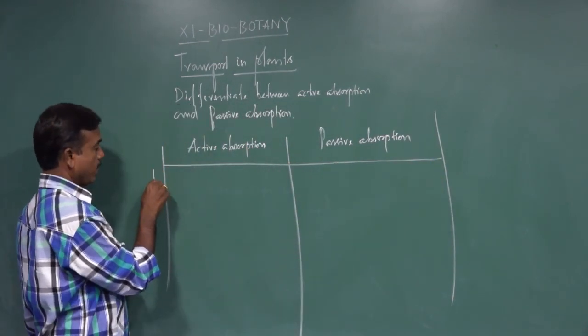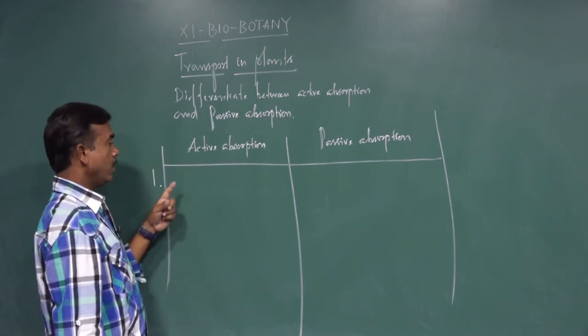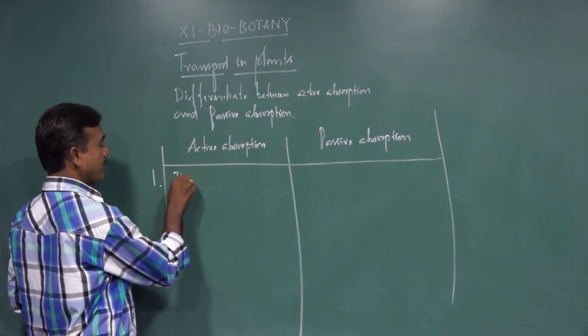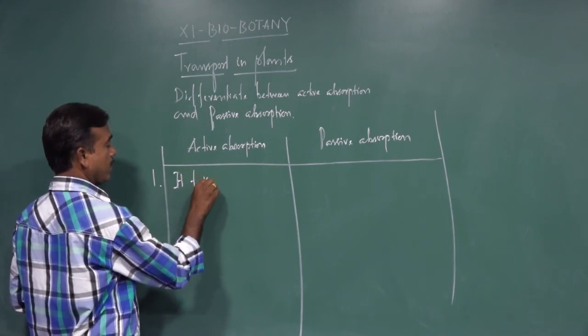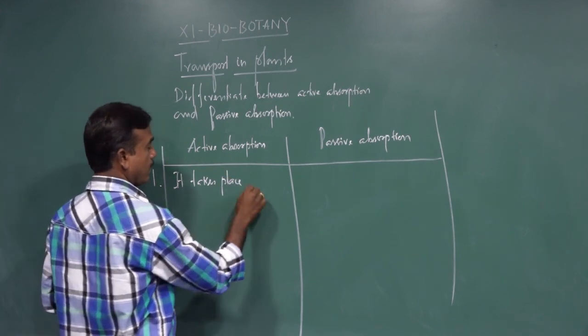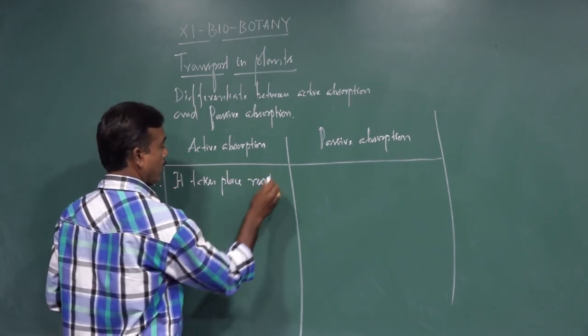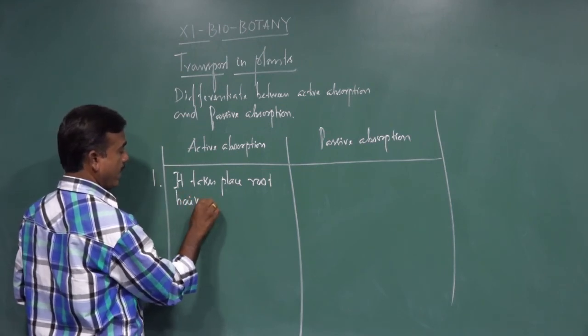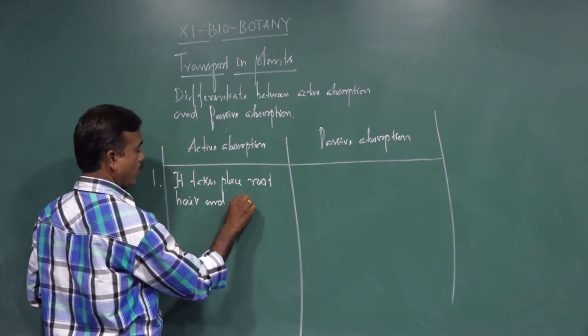The first one: active absorption takes place in the root hair and the roots.